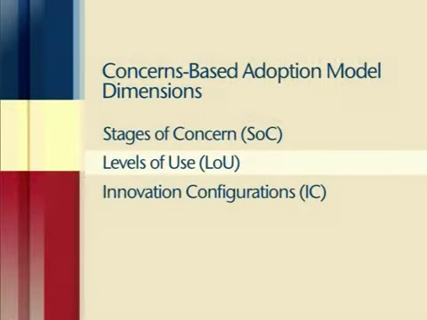Levels of use. Teachers will use an innovation to varying degrees. Some may only be thinking about using it. Some may be using the innovation in a very mechanical way, and some may be refining it for maximum impact. Levels of use, also known as LOU, uses an interview protocol to assess the degree to which a teacher is using an innovation.